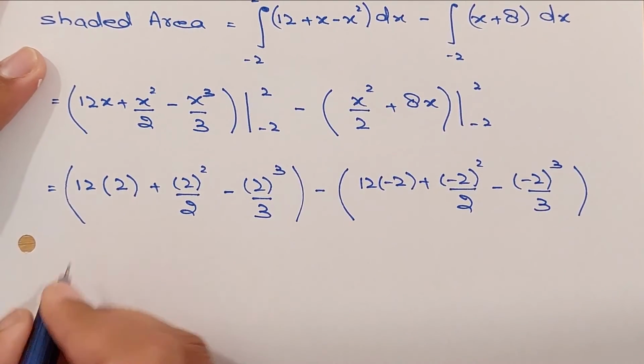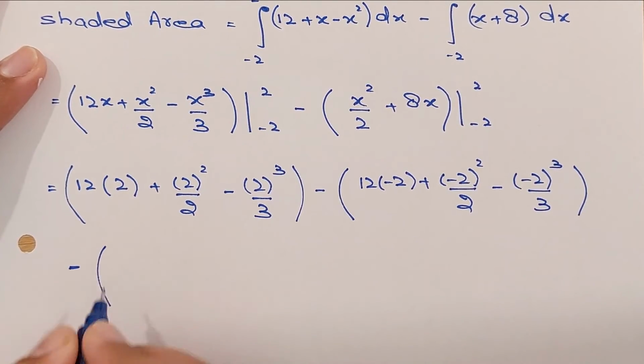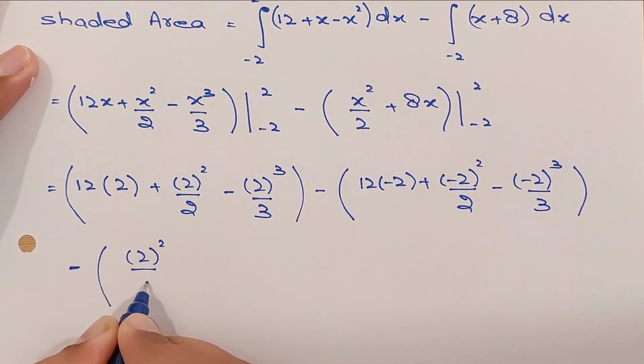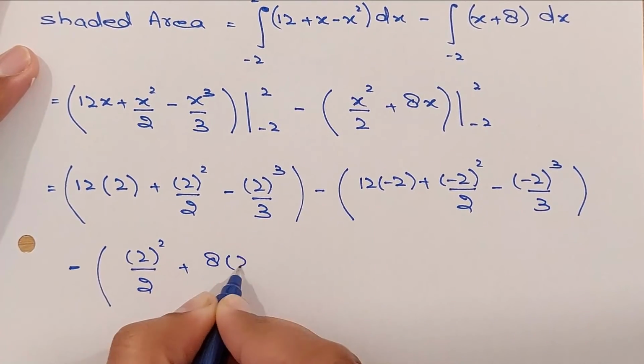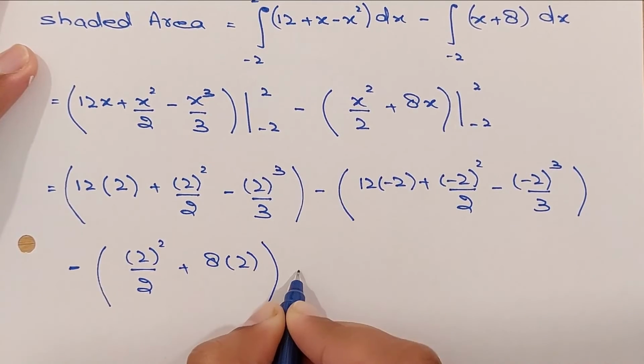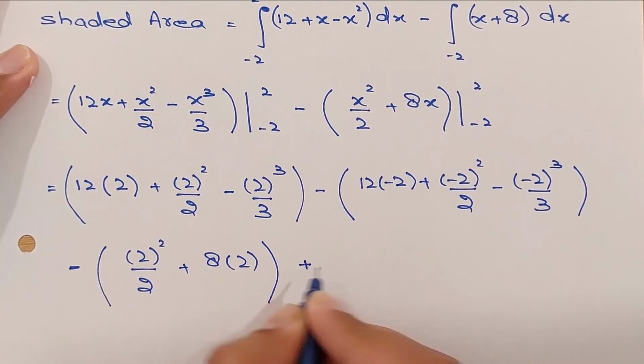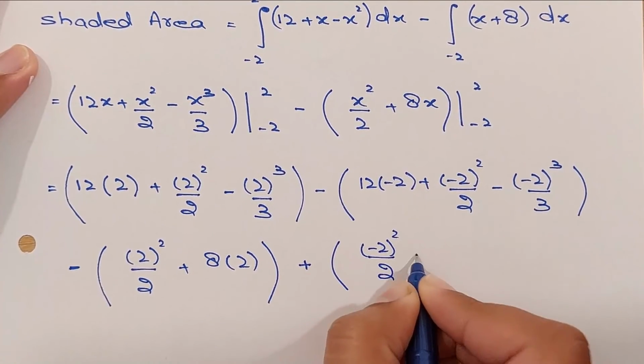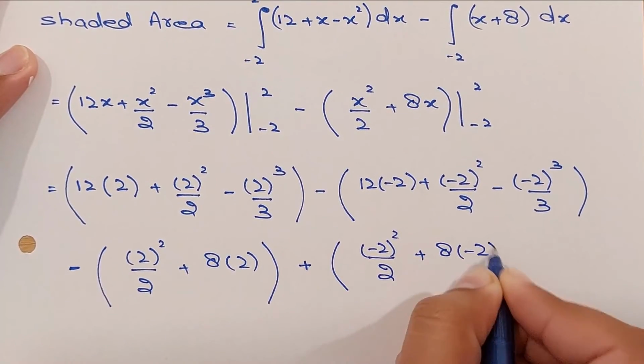Now we have to subtract this. Upper limit is 2: 2 square divided by 2 plus 8 times 2. This is the upper limit minus the lower limit, and this minus becomes plus. So we have -2 square divided by 2 plus 8 times -2.